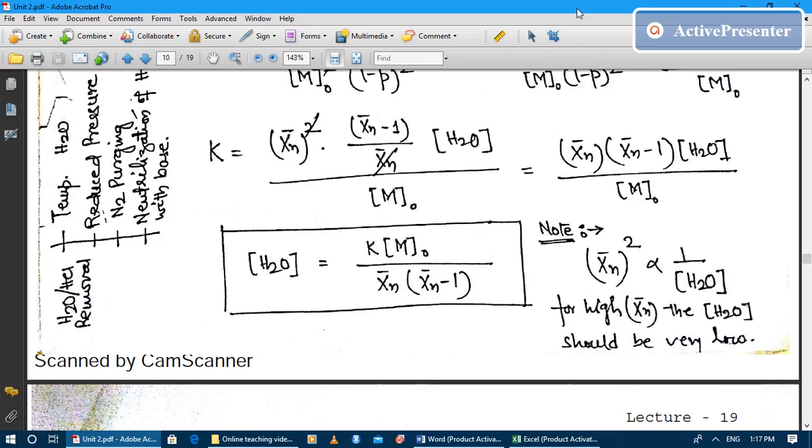Here we can notice that if we multiply this Xn bar with this Xn bar minus 1, Xn bar square is inversely proportional to the concentration of water. That means for a high value of the molecular weight or number average degree of polymerization Xn bar, the concentration of the byproduct water should be very, very low.